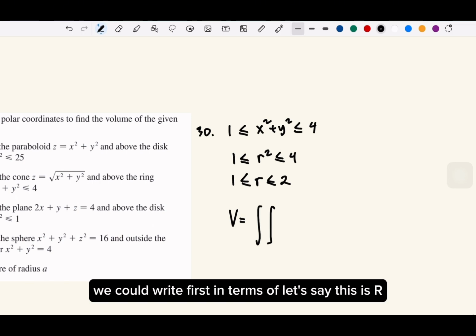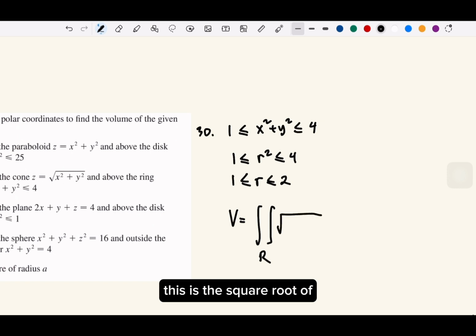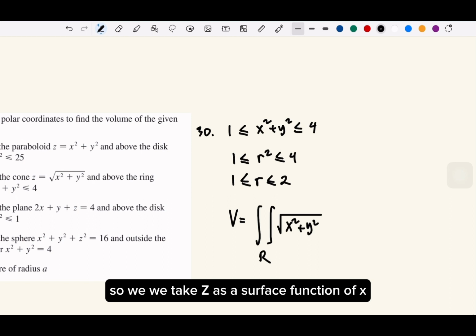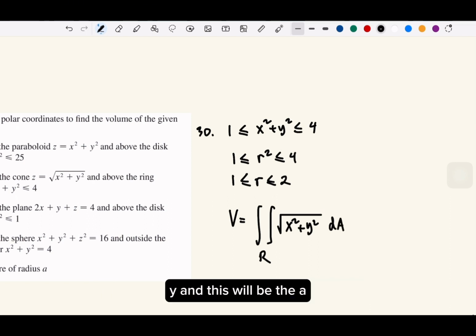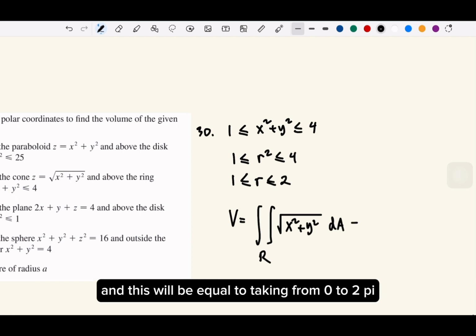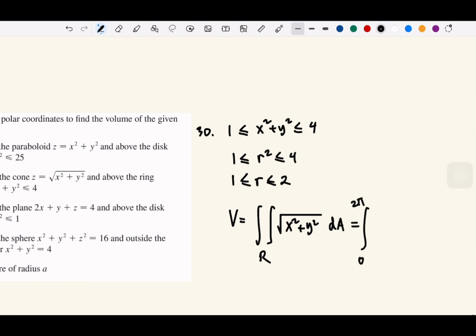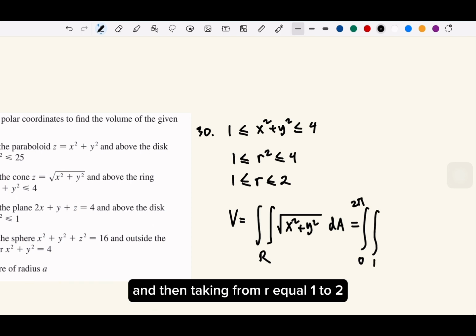We could write first, in terms of, let's say this is r, this is the square root of x squared plus y squared. So we take z as a surface function of x, y, and this will be dA, which will be equal to the integral from 0 to 2 pi, and then from r equal 1 to 2.